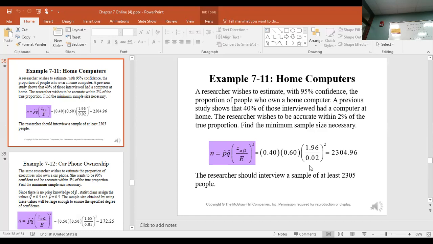It is 2304.96. We round it up to 2,305. This is the minimum sample size you should use. If you want to project the proportion, you should interview at least 2,305 people, sure that you are not going to go wrong by more than 2%.